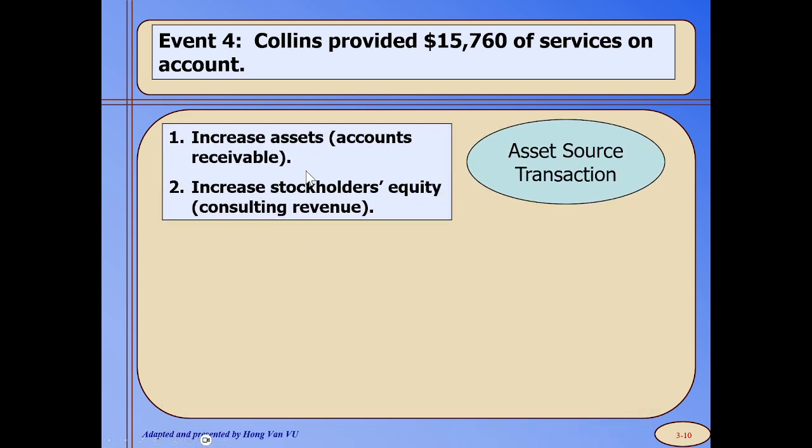So this transaction will increase the accounts receivable asset account, and because they provided the service, this transaction increases the consulting revenue, or stockholders' equity account. This transaction is classified as an asset source transaction.